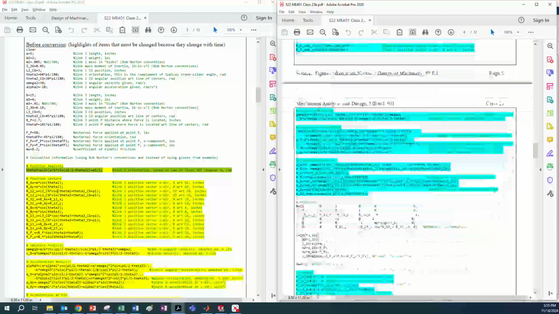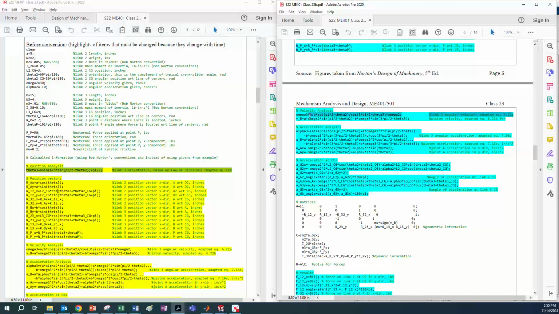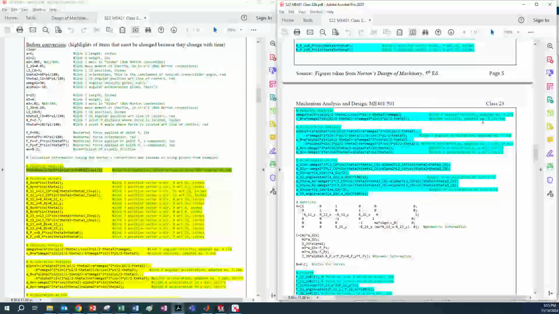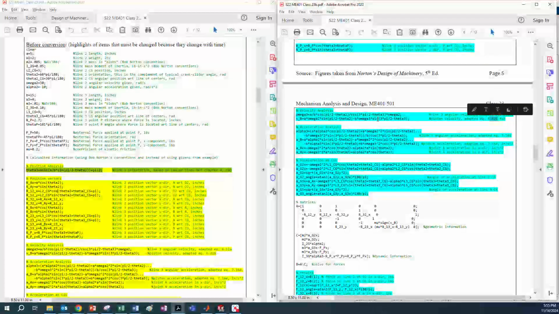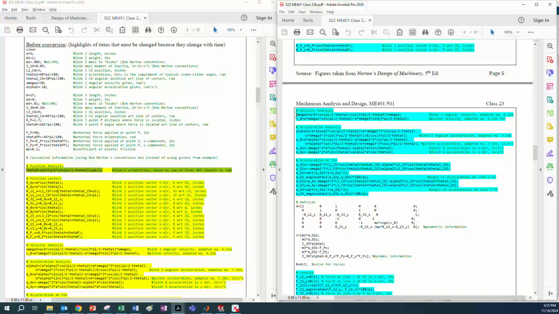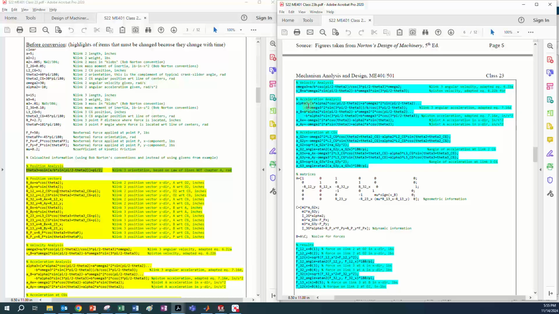And now we do a velocity analysis. That's a pretty easy one. This is based on equations 622a and 622b to find the omega 3 and also the velocity of the endpoint or piston, if there were a piston. Then we do an acceleration analysis. This is a little bit longer.